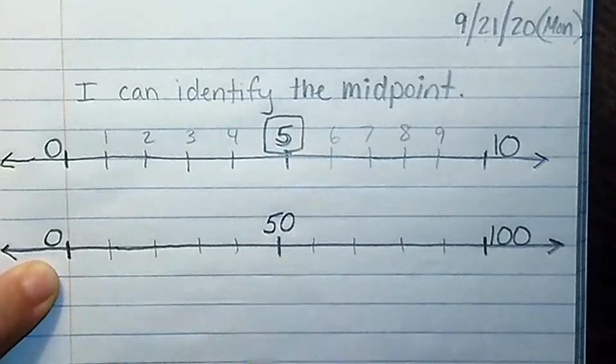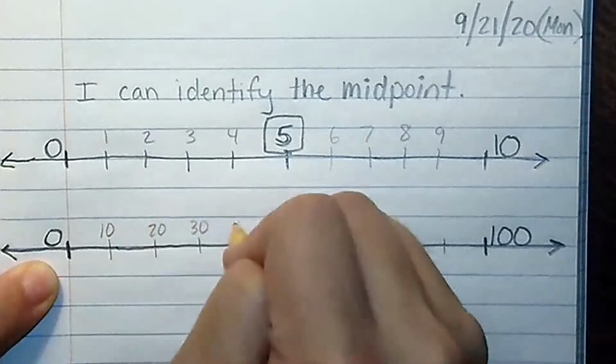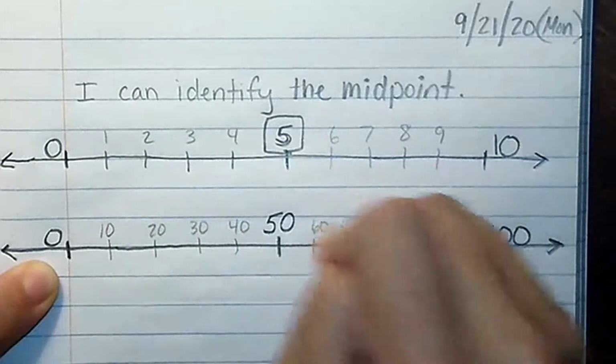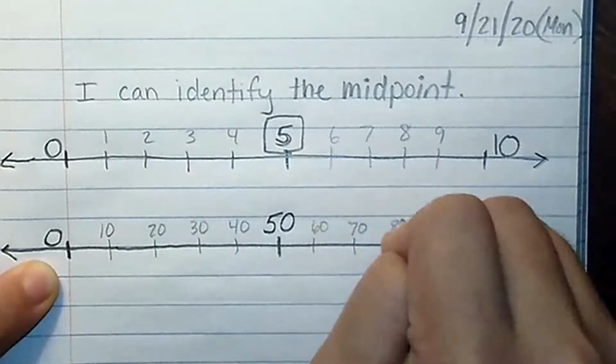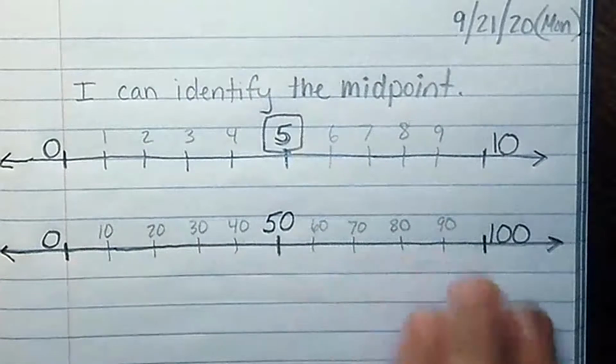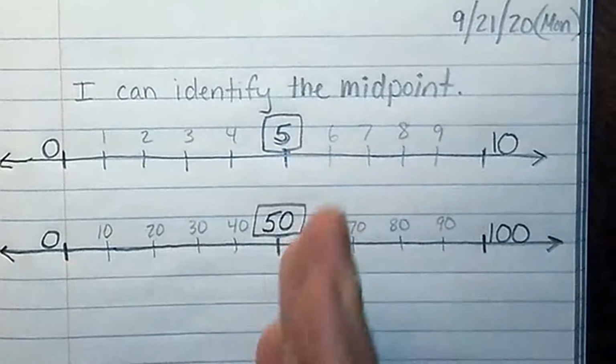Did that work? Yes. 10, 20, 30, 40, 50, 60, 70, 80, 90. And you'll notice I made those numbers a little bit lighter. 50 is our midpoint. It comes right in the middle.